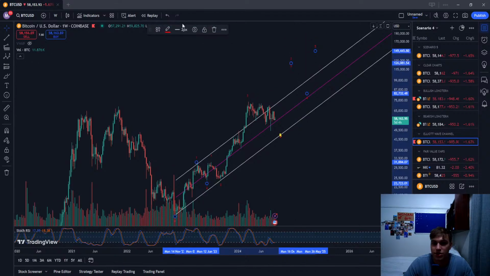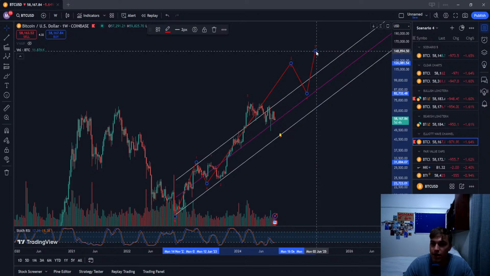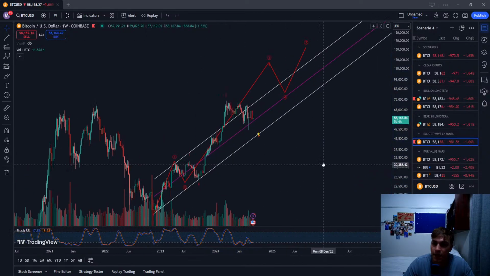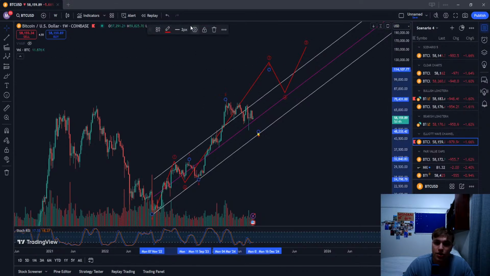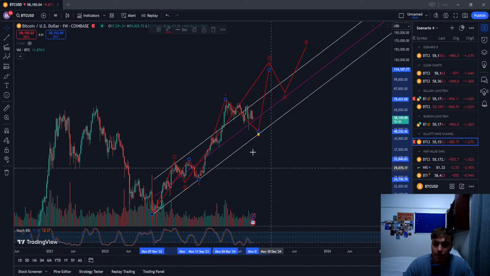I haven't measured these out like my other charts. I'm just showing you what I'm looking at. Let's make this one higher.